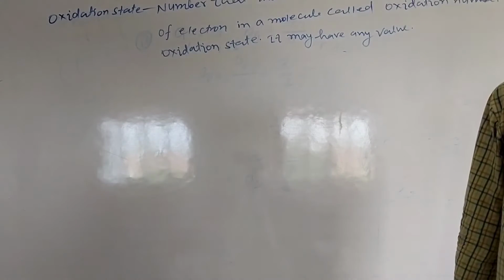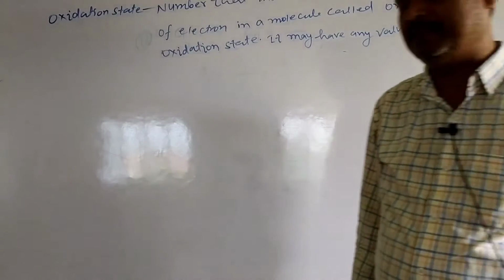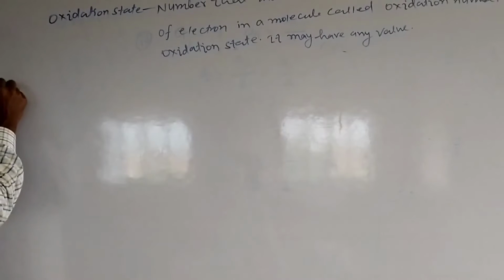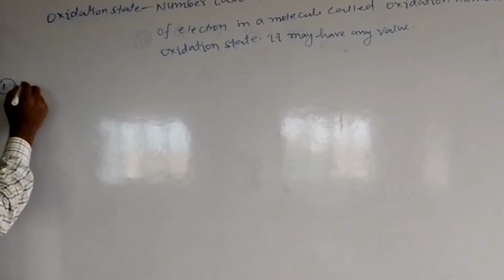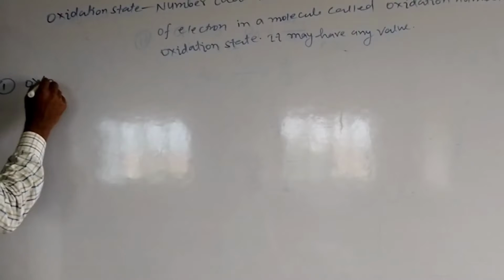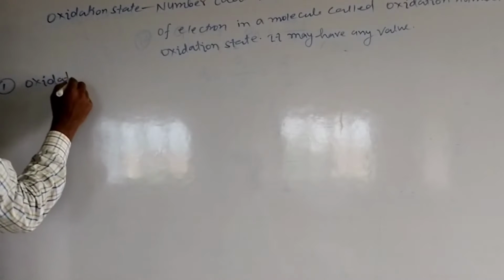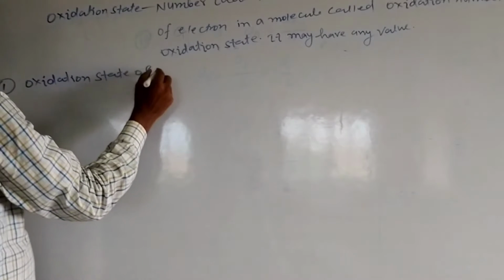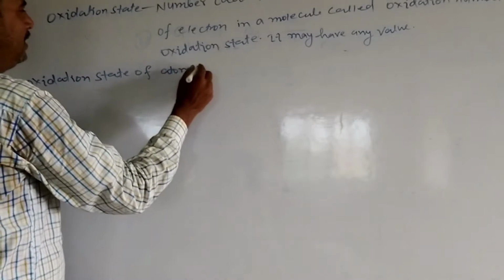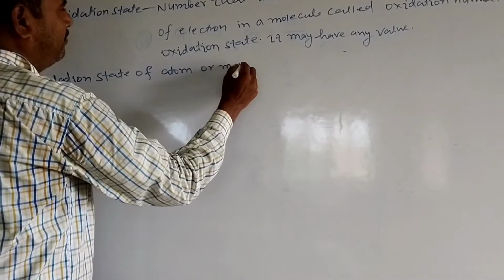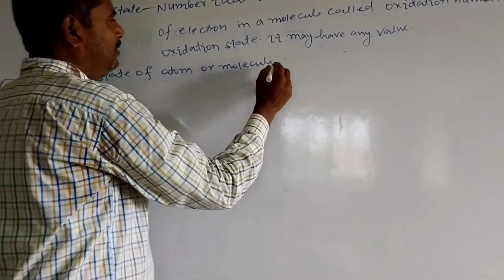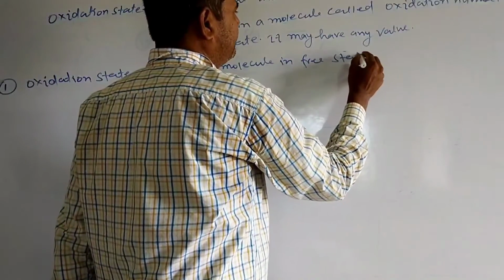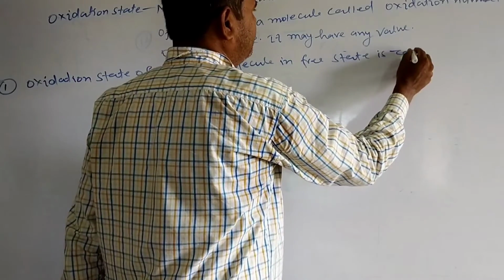Now let us consider the rules step by step. First, the oxidation state of an atom or molecule in free state is zero.